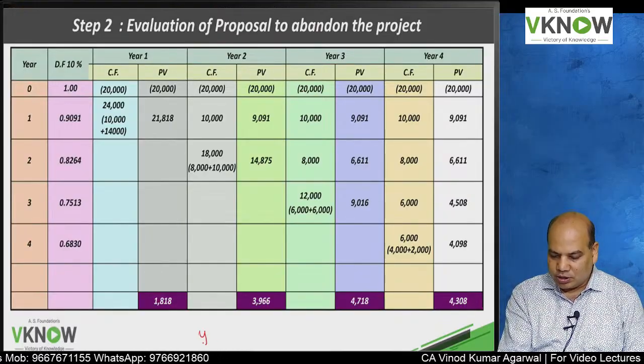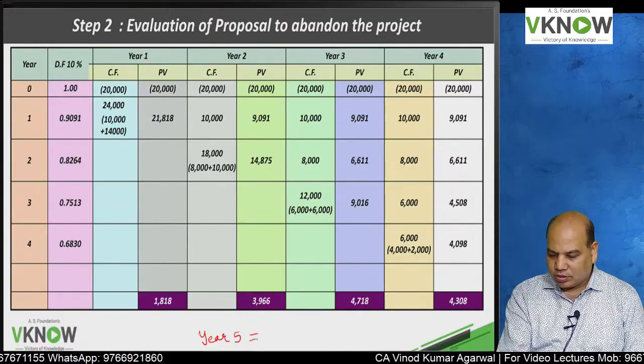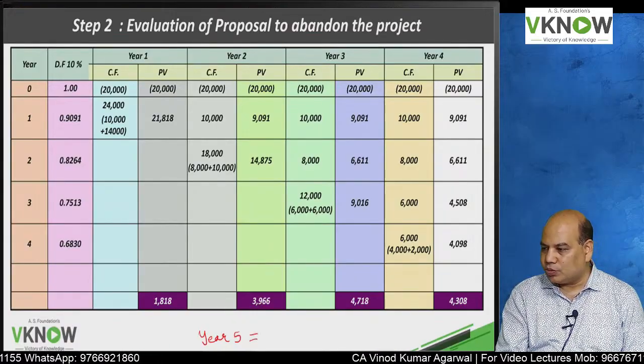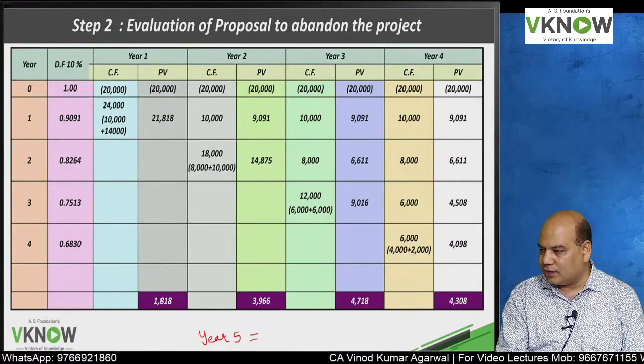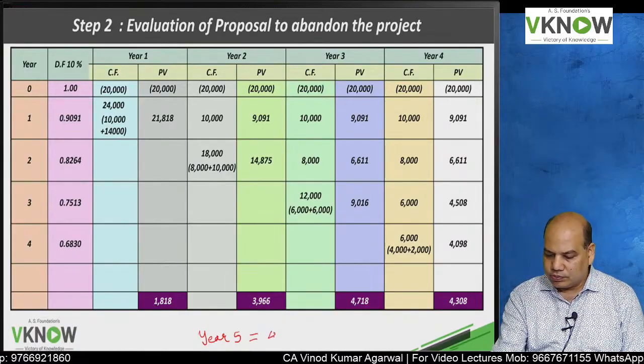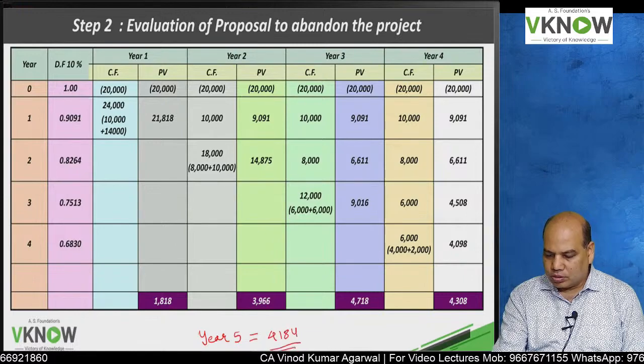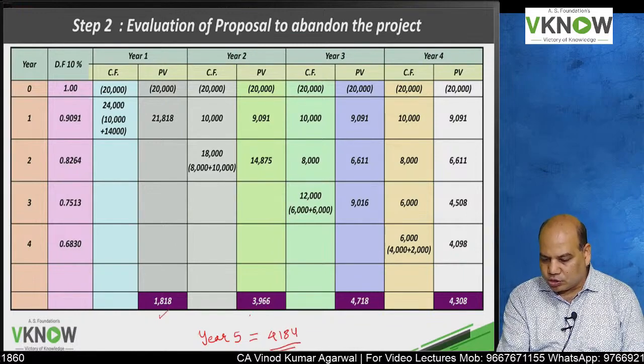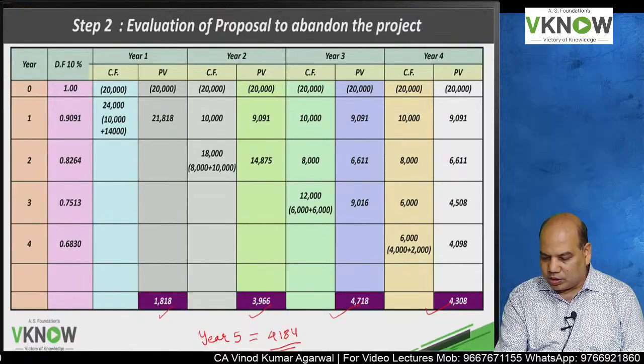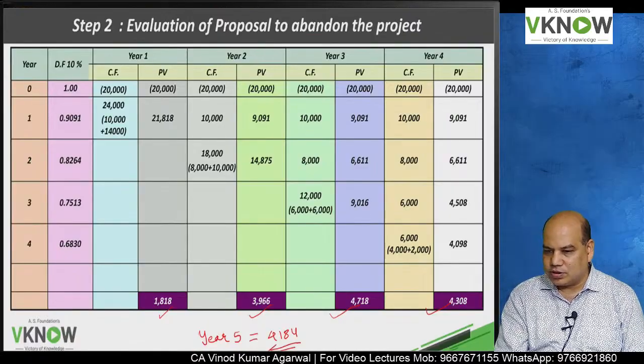Can you please tell me what was the NPV if we go up to year 5? That figure was, I think, 4184. Okay, now we have to make a choice between these 5 NPVs.